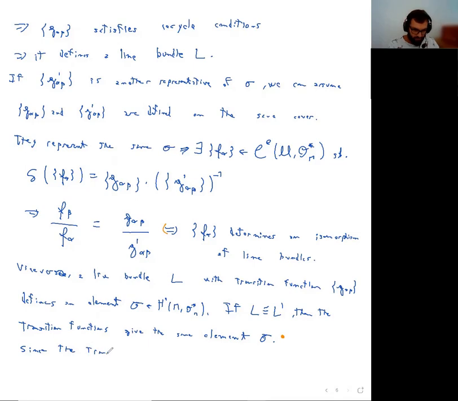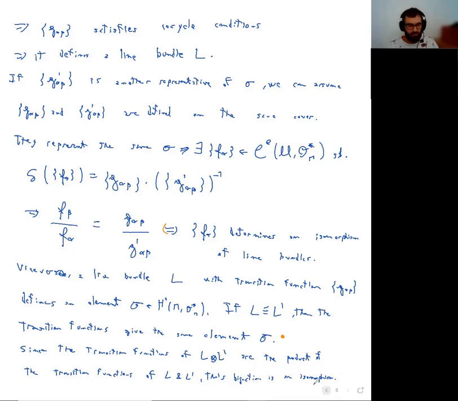Since the transition functions of a product are the product of the transition functions, this bijection is an isomorphism.